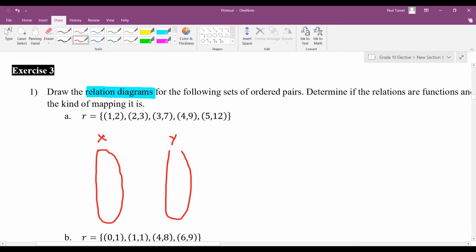And you'll be doing the rest of them in a minute. I'll do the first one. So put your X values. Remember, the first value is always X. The second value is always Y. So you have 1, 2, 3, 4, 5. So put those in X. And then the Y value is 2, 3, 7, 9, 12.